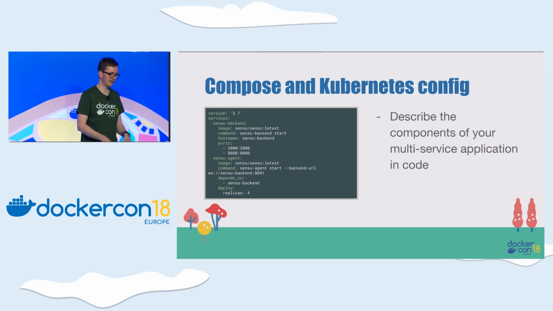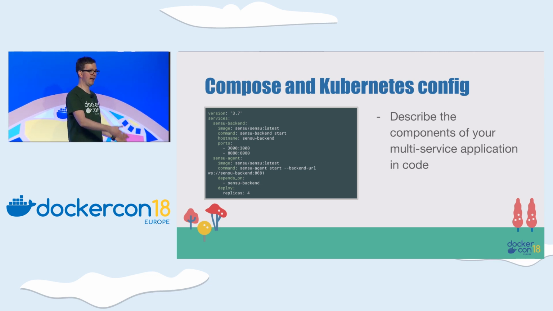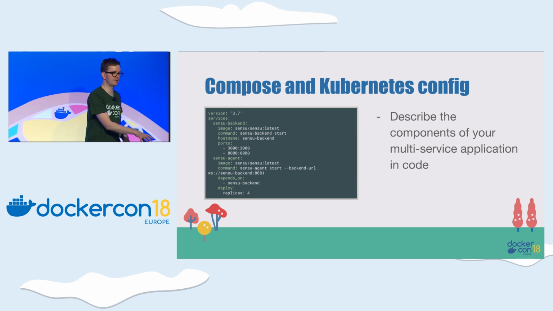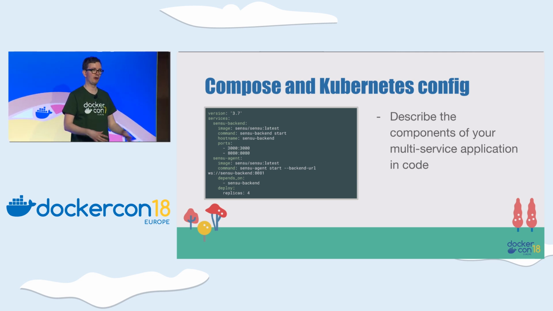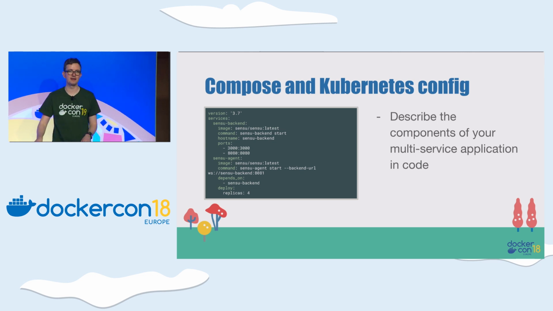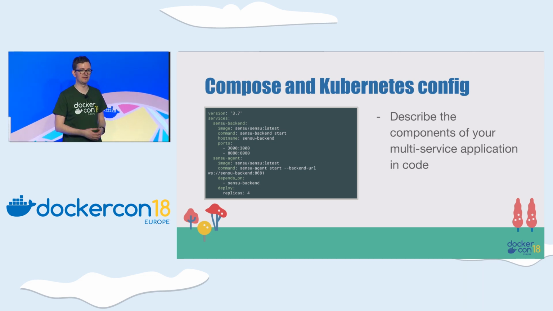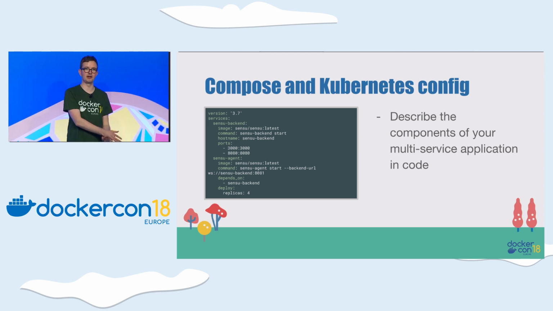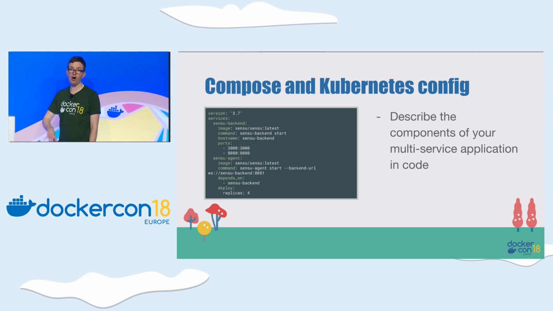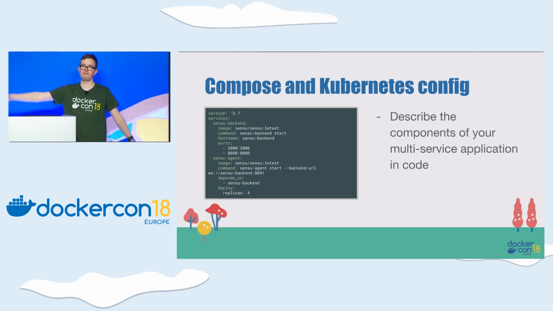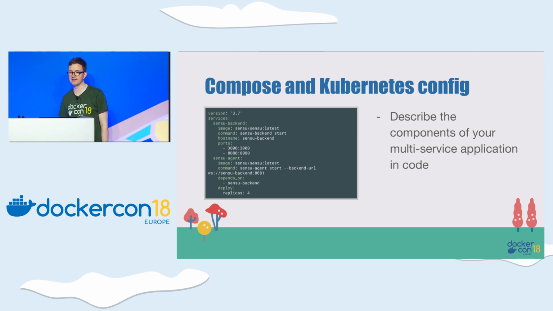You can say, actually, my application is where Compose fits. It's a bunch of services that are connected, that are probably talking over HTTP or IP. It's not overly complicated. Compose gives you a really high-level abstraction to deal with that. But you can run that on Kubernetes natively. Or you can take the full fat approach with the Kubernetes configs.